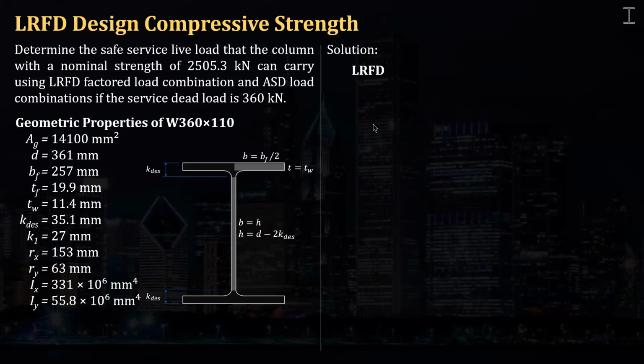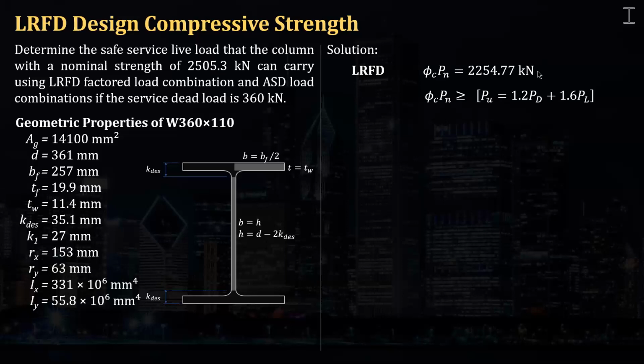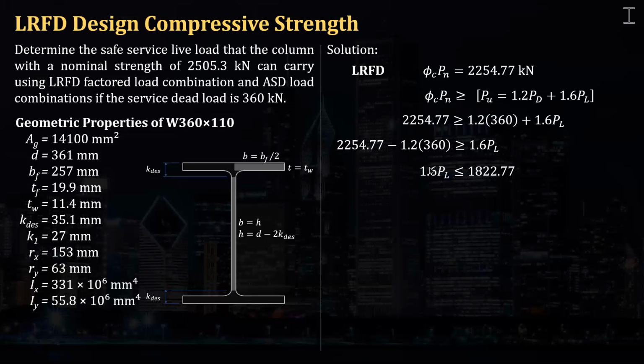Now, kanina, we got the LRFD design strength equal to 2,254.77. So this must be greater than the factored load required strength 1.2 PD plus 1.6 PL. So if we are to substitute, PD is 360 as given, and solving for PL, transfer to the other side, then dividing by 1.6 both sides.